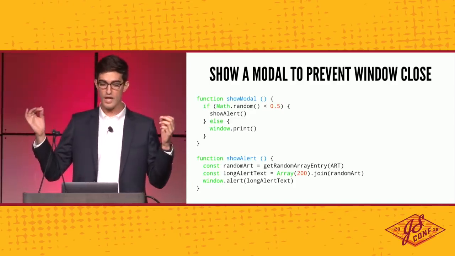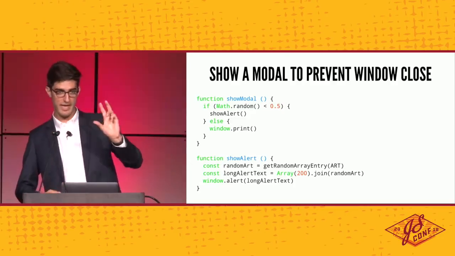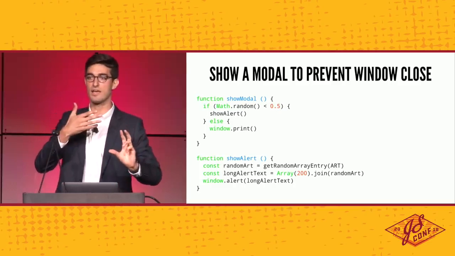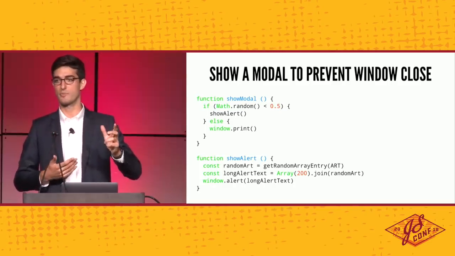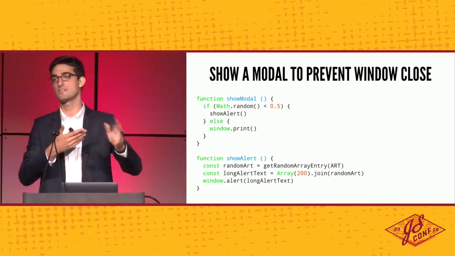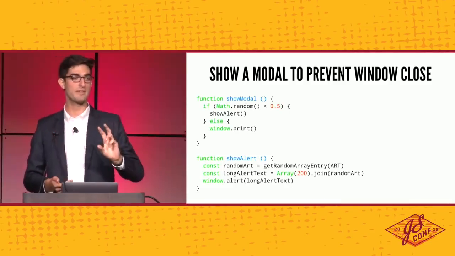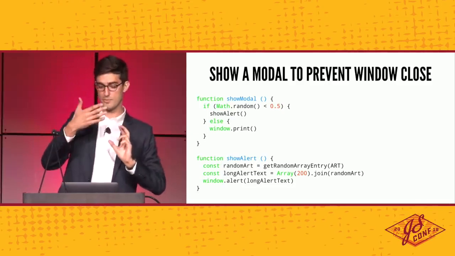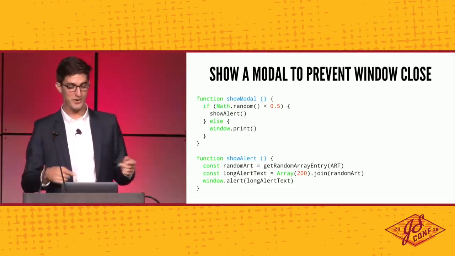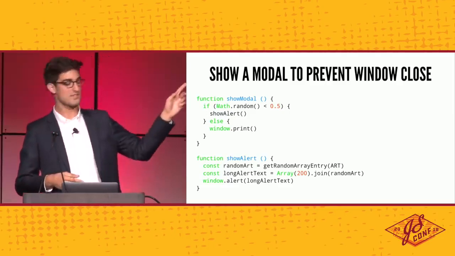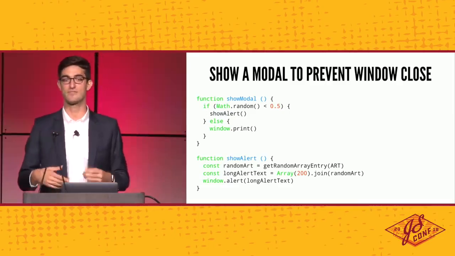If in response to them pushing Command, you open a modal dialog like an alert, then the W doesn't do the full shortcut anymore because the dialog is opened up and now it just sees it as a W. So all you got to do is when they push Command, you open up an alert and then W doesn't work. So that's nice. And we can also vary it a little bit for good fun. So some of the time we can call window.print, which asks if they want to print the page.